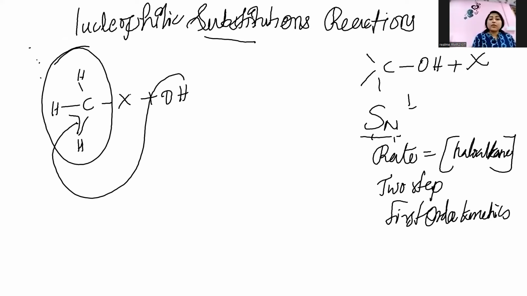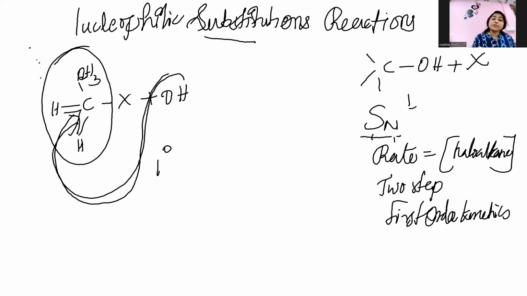Okay, but in the case of primary halides, where one hydrogen is replaced by a CH3 group, a methyl group comes to this position, and so it becomes somewhat difficult for the nucleophile to go into that position.